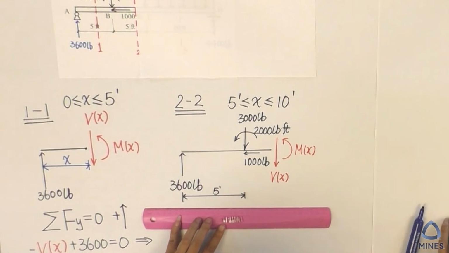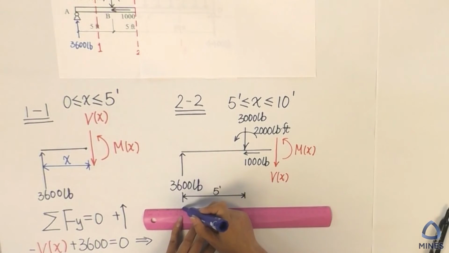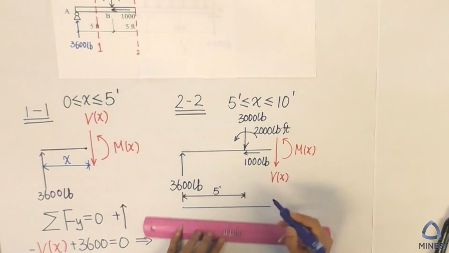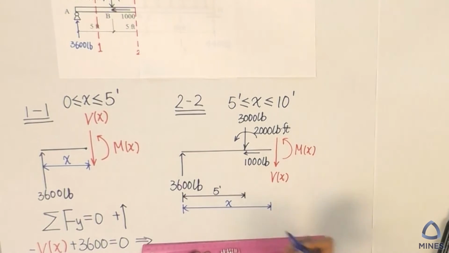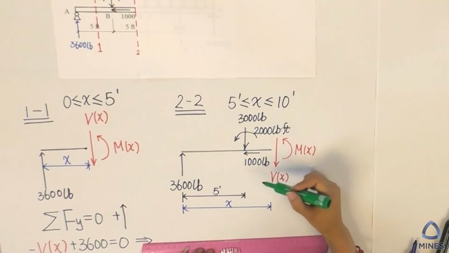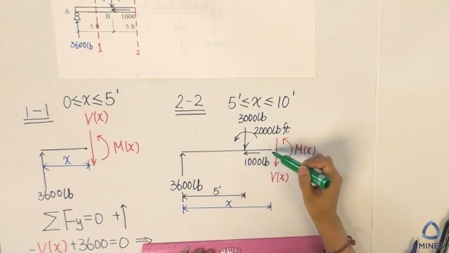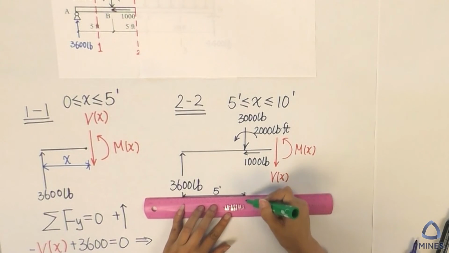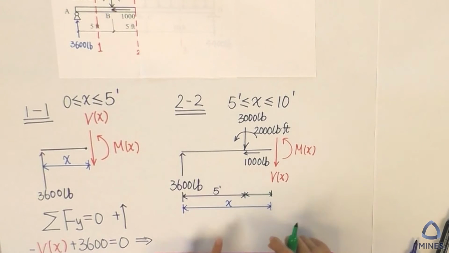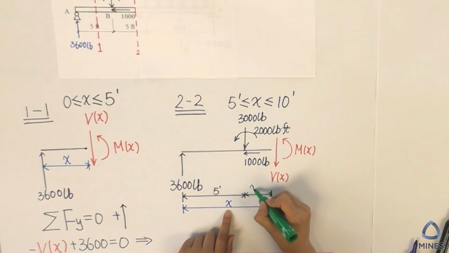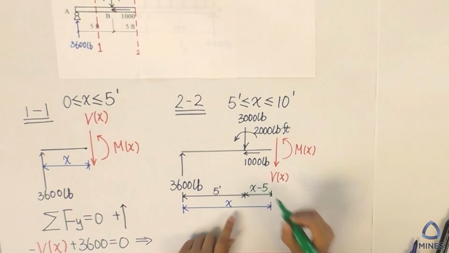And always remember, from the origin to the cutting location, this will be x distance. So which means, what is the distance from B to the cutting location? You can see from the geometry that's equals to x minus 5.